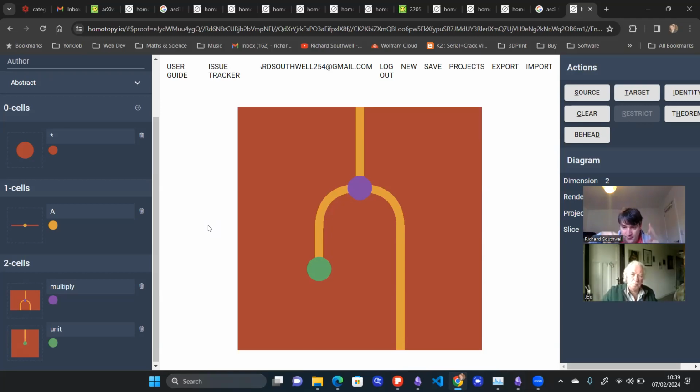So to encode that it doesn't do anything, we need to add an equation in. And the equation is basically that if you take something in A and the unit and you times them, it's like you didn't do anything at all. Right? So it's kind of like 1 times a number equals that number. Now I want to encode that as a higher dimensional cell.